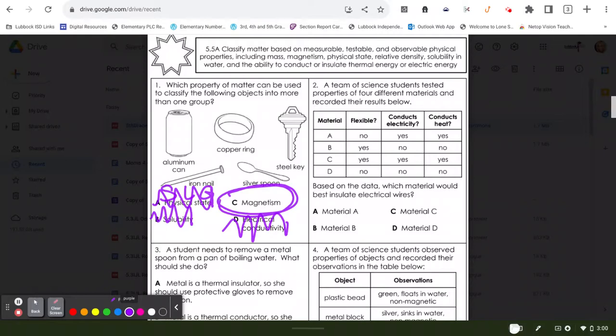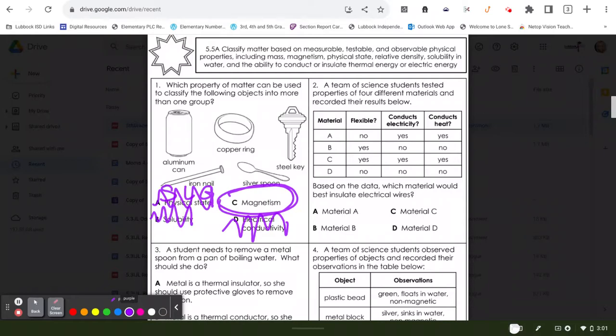Number 2, a team of science students tested properties for 4 different materials and recorded their results below. Based on the data, which material would insulate electrical wires? So which one would keep the energy in? Insulating is going to be the opposite of conduction.